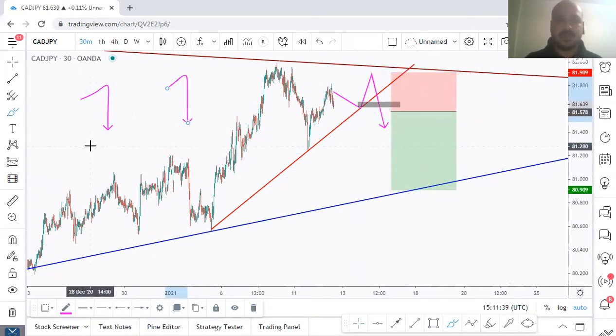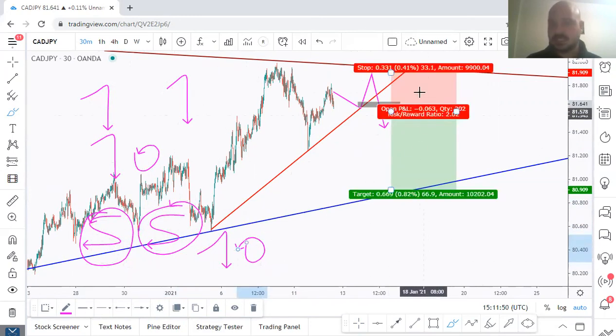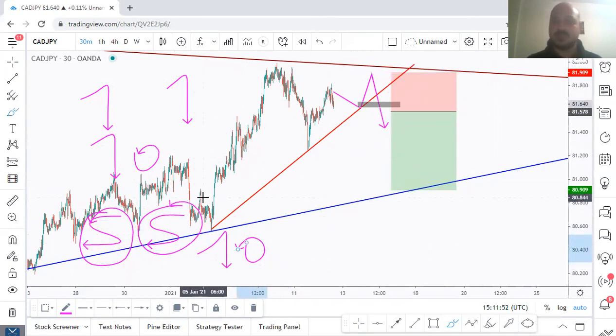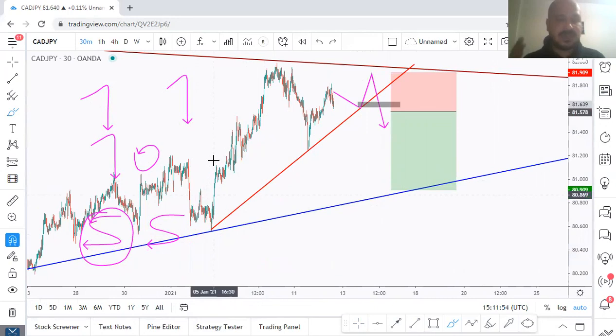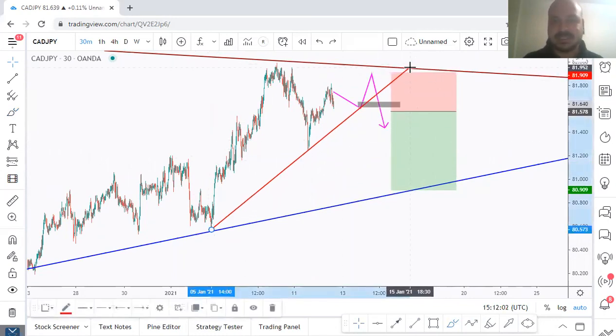So for example, if we enter 10 trades, we have 5 losses and 5 wins. With the 5 losses, we've lost 5%. With the 5 wins, we won 10% because we are targeting double our stop loss. So we are still in profit. Even with a 50% win rate, you would be profitable using this simple but effective trading plan.